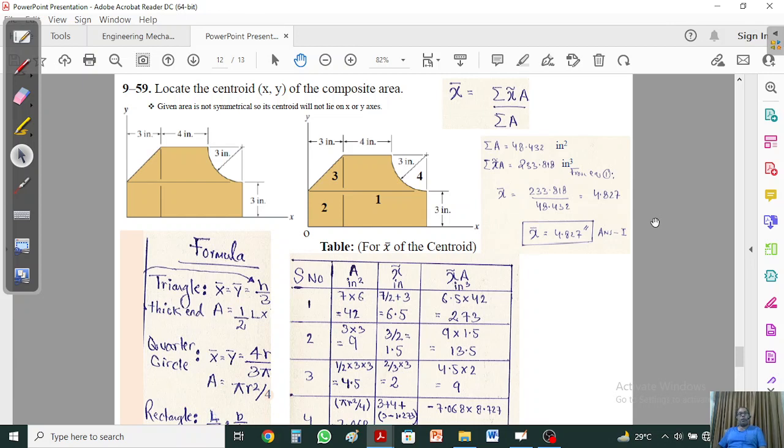Okay, so if you look at this, it's a very complex kind of shape, which is basically made up of various geometrical areas.